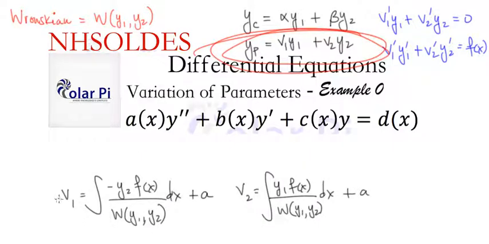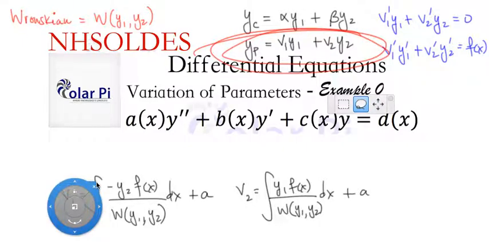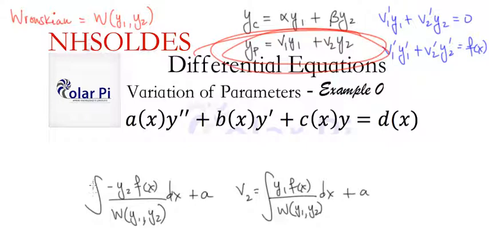So when you multiply v1 by y1, right, then it looks like you also need to have a times y1. But you don't need to do that, because y1 times a, and then for v2, we would have y2 times a constant.